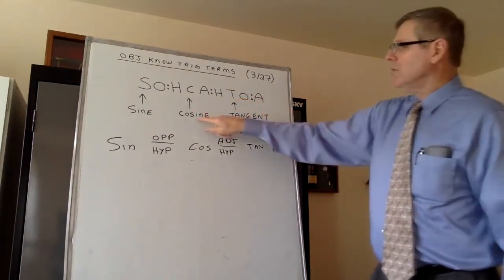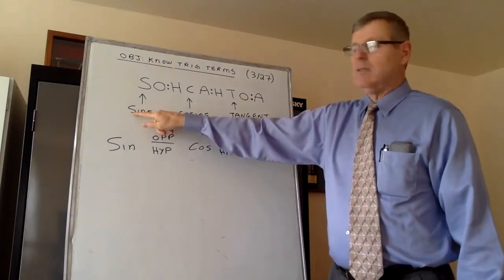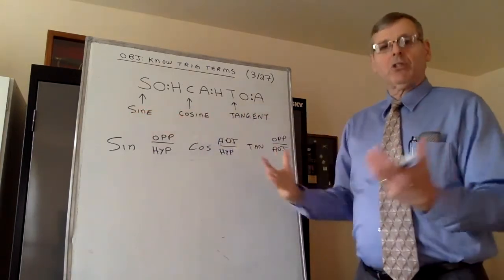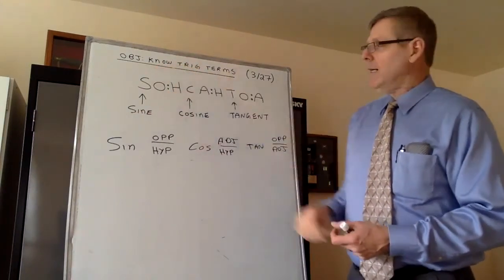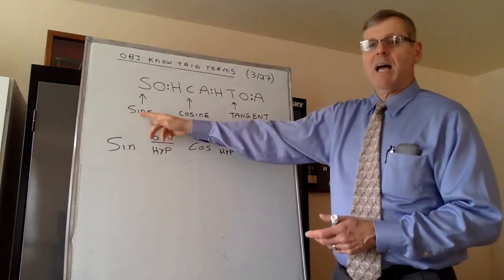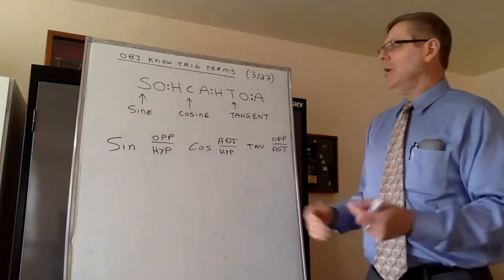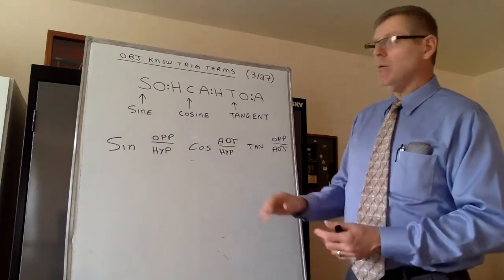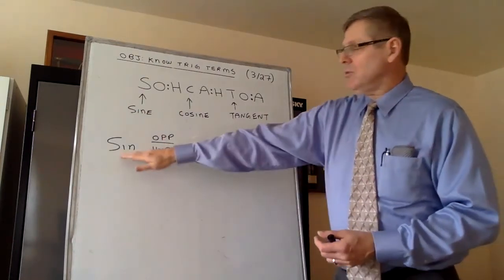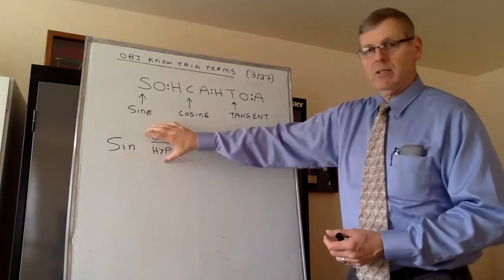So these words right here, sine, cosine, and tangent, are just shortcuts to describing ratios. It's just easier to say sine rather than to say the ratio of the opposite over the hypotenuse. That's a lot to say, and especially when we want to write formulas, it's easier just to say sine and not write this all the time.